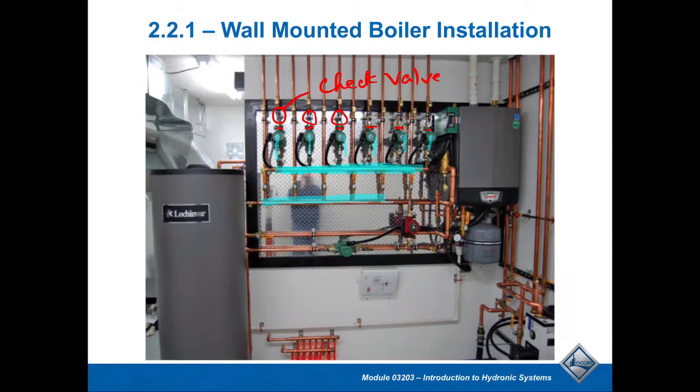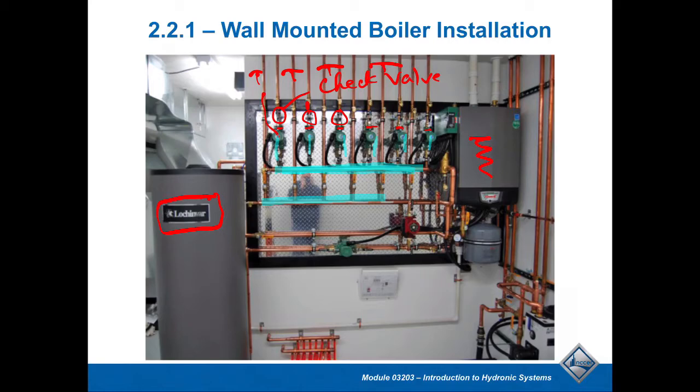The other thing that's really nice to see on these applications is we can also set up situations where you might have priority. We could set up our control system such that when the thermostats call for each of these zones, they'll tell the pumps, hey, by the way, I have a heating demand, and then in turn your zoning panel will tell the boiler, hey, we have a demand.